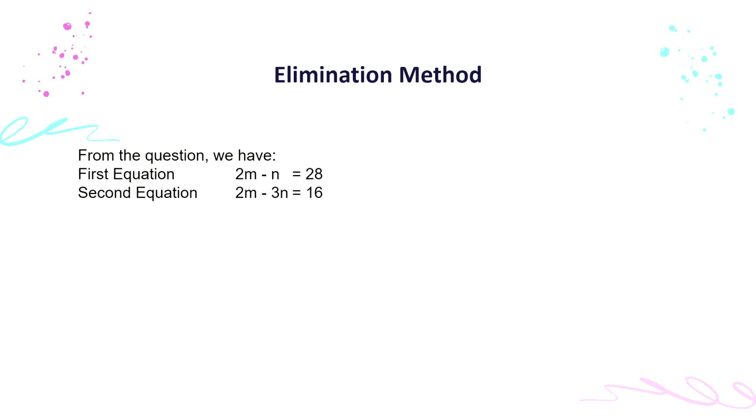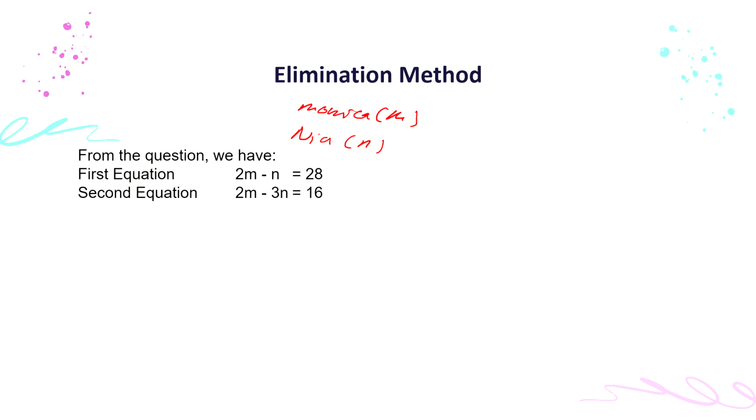From the question, the first equation is 2m minus n is equal to 28, where Monica is m and Nia is n. And the second equation is 2m minus 3n is equal to 16.